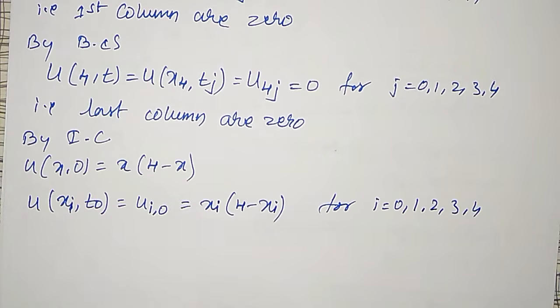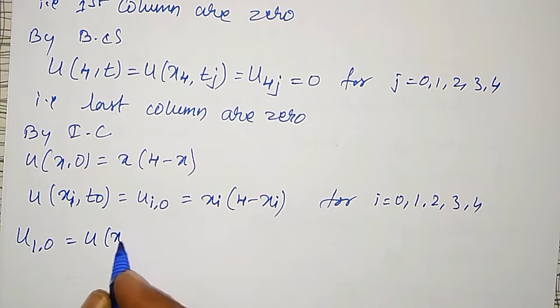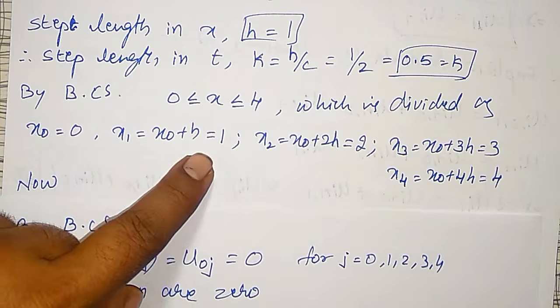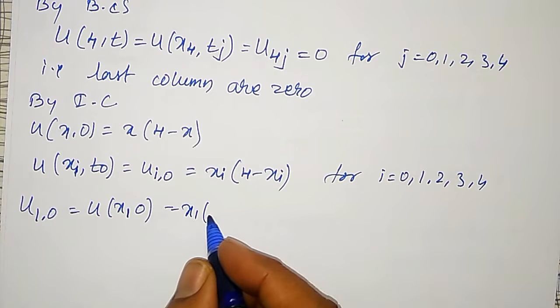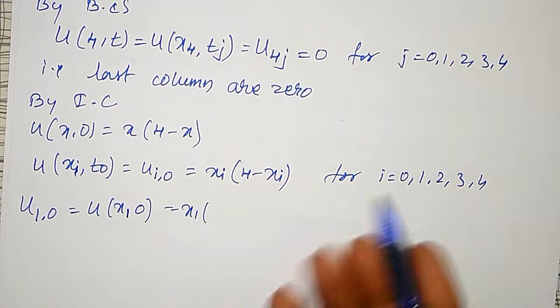Okay, now let me substitute one by one. Therefore u of 1 comma 0 equal to u of x1 comma 0. What is my x1 value? From what I divided, x1 is equal to 1. Before that, you can find out i equal to 0.